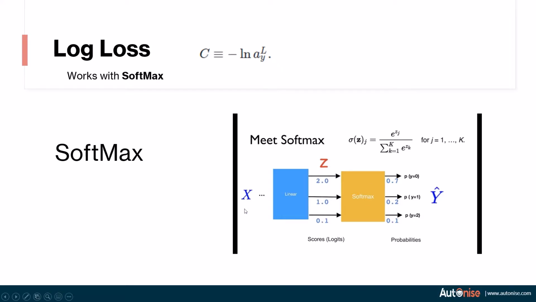We can have a look at this graphically. Let's say in our output neurons, we get the outputs 2, 1 and 0.1. After applying the softmax function, we take e to the power 2, e to the power 1, e to the power 0.1. We add them up, and then the first output is e to the power 2 divided by e to the power 2 plus e to the power 1 plus e to the power 0.1.